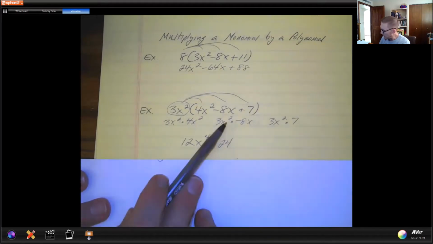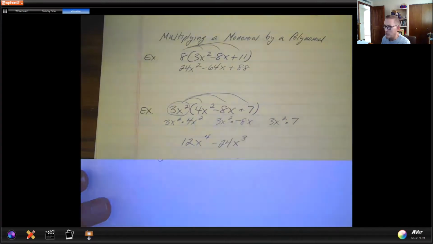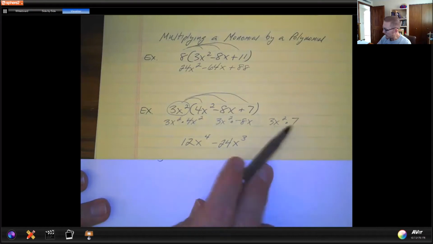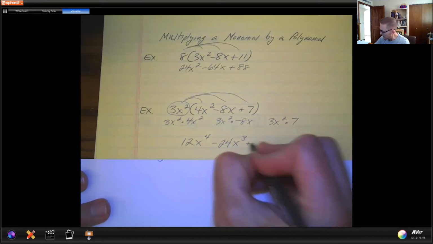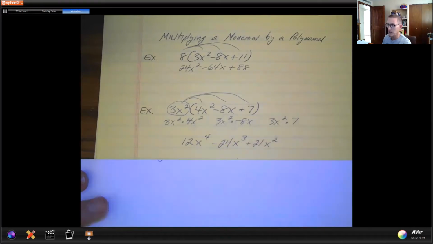And an x squared and an x will make x to the 3rd power. And then over here, 3 times a 7 is going to make positive 21. And then the x squared is attached because there is nothing else to change the exponent. So again, basic distributive property, just keep in mind some of your exponent rules.